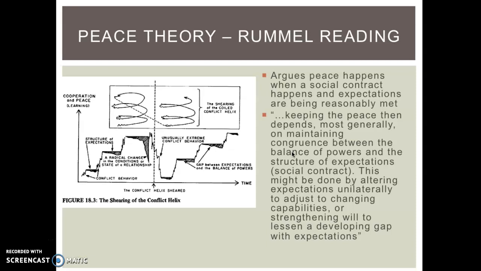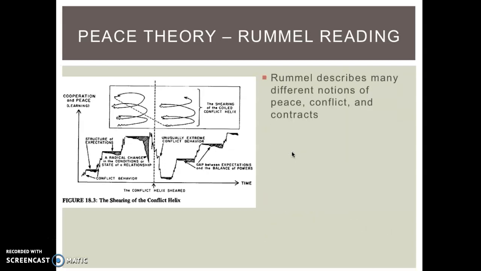This might be done by altering expectations unilaterally to adjust to changing capabilities, like executive orders and trying to reframe what people should expect during a pandemic crisis, acting unilaterally, or strengthening will to lessen a developing gap with expectations. So that means that governments and political actors, if they want to reduce conflict, have to try to reduce the gap between what people expect and what they're really getting.